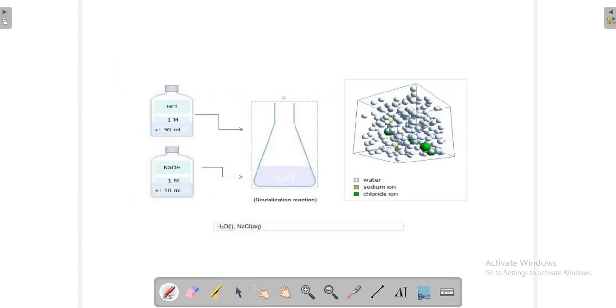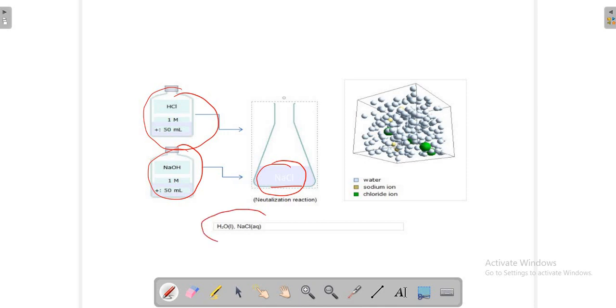Now, Arrhenius proposed another concept, that is the concept of neutralization reaction. According to Arrhenius, when an acid, here you can see HCl, that is the Arrhenius acid, and NaOH, that is the Arrhenius base, react with each other, they form the salt NaCl, that is sodium chloride is a salt.